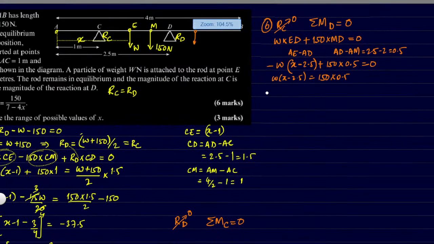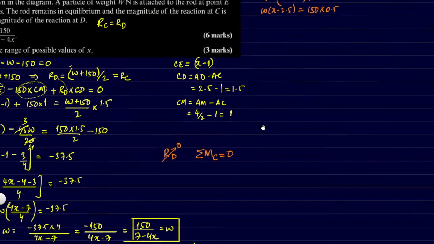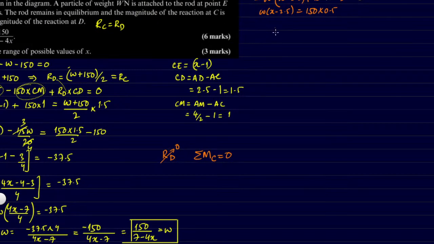W value we found already, so now W value we have to substitute here again. So W is 150 by 7 minus 4x into x minus 2.5 is equal to 150 into 0.5. 150 into 0.5 is 75.